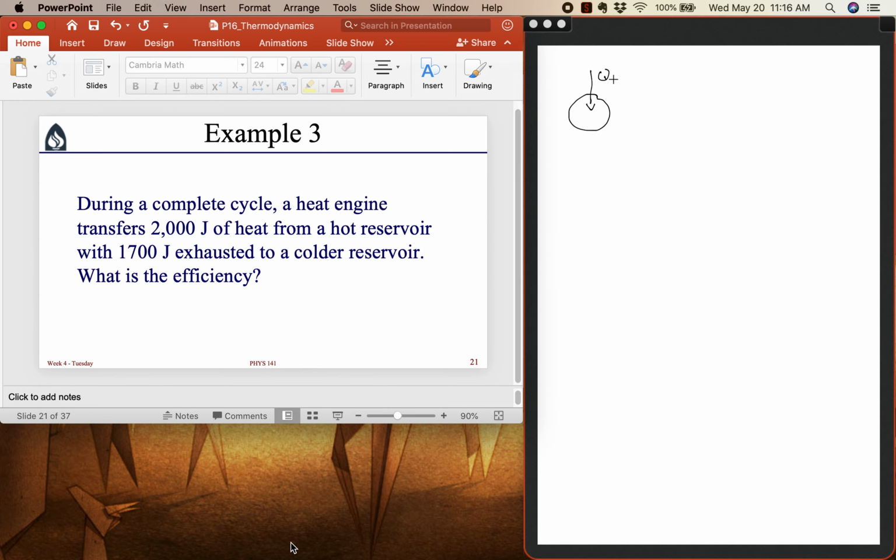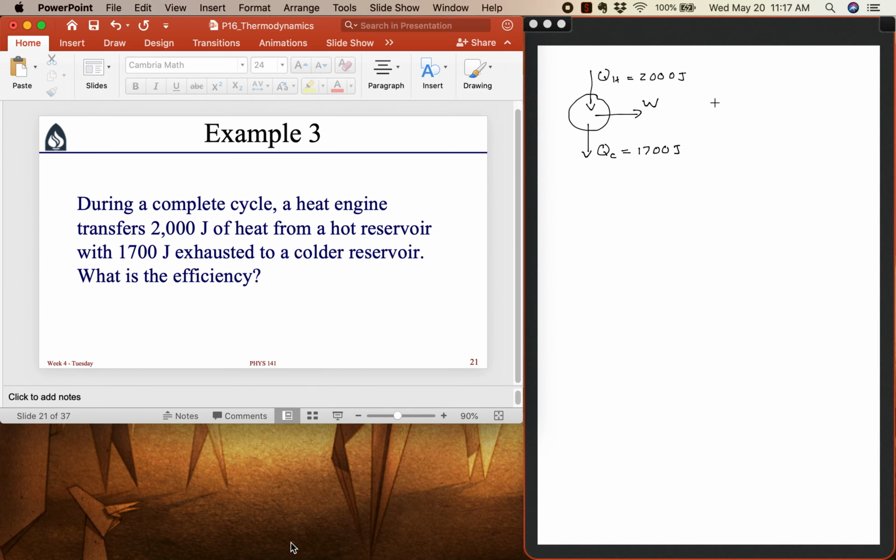So Q sub H is equal to 2,000 joules of heat. Then some of that energy gets turned into useful work, and the rest is expelled into the cold reservoir. And Q sub C, we're told, is 1,700 joules. And we want to find what is the efficiency of this engine.